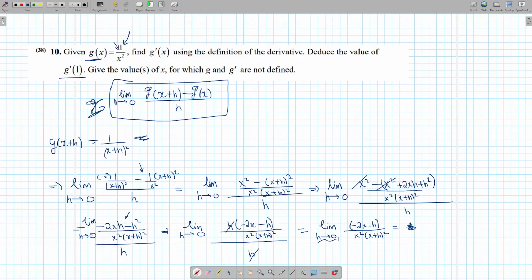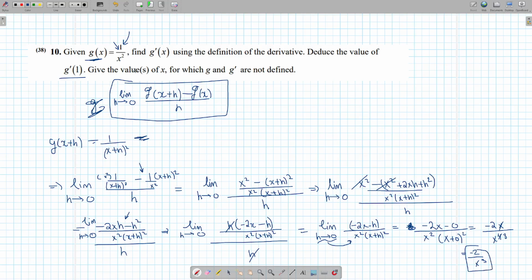So after you have nothing else to simplify, that's when you throw the h in. So it's going to become minus 2x minus 0 over x squared, x plus 0 squared. So it's going to become minus 2x over x squared times x squared, which is x to the power of 4. Cancel this x with this x. It becomes minus 2 over x cubed.